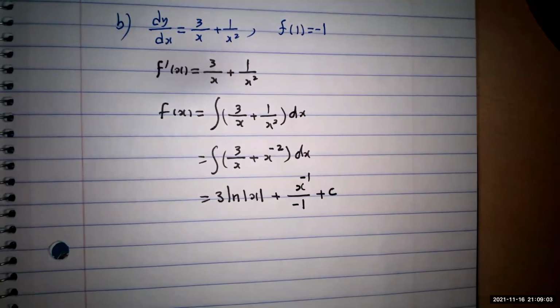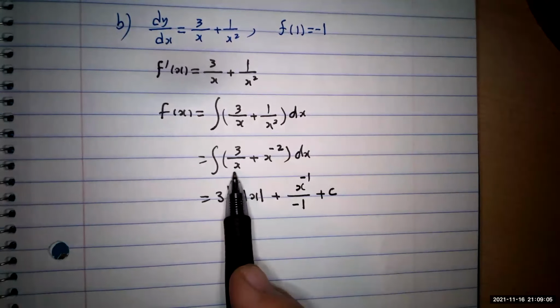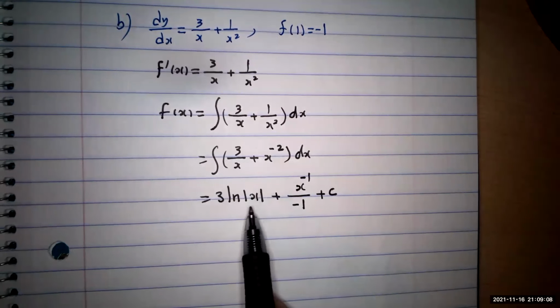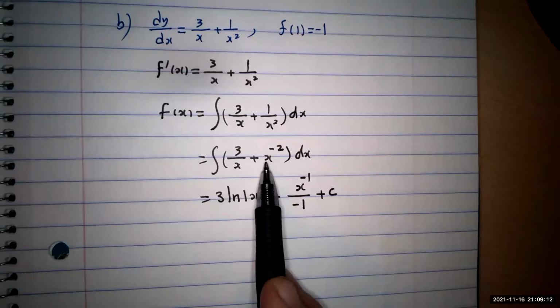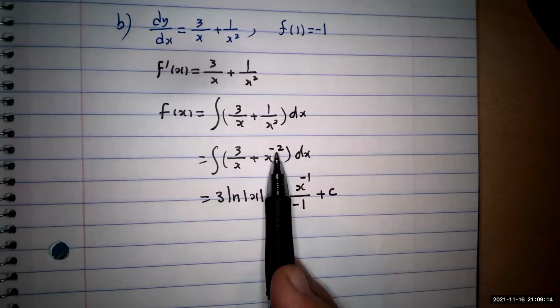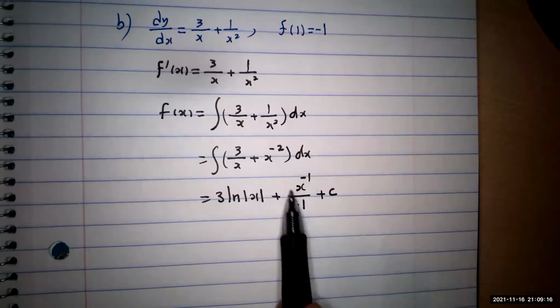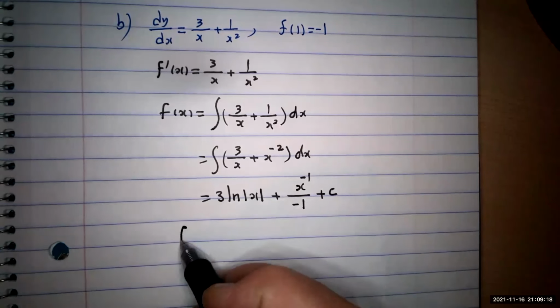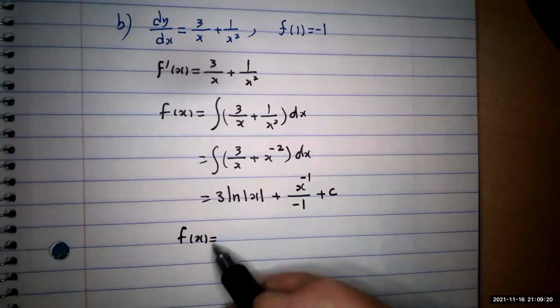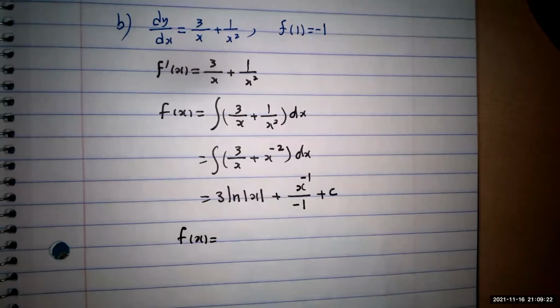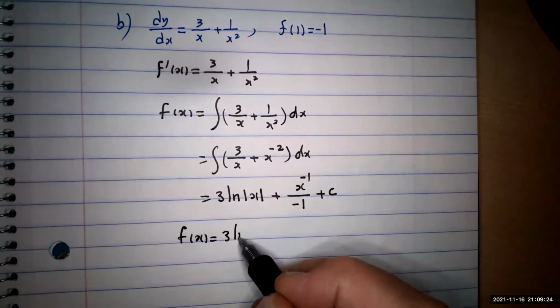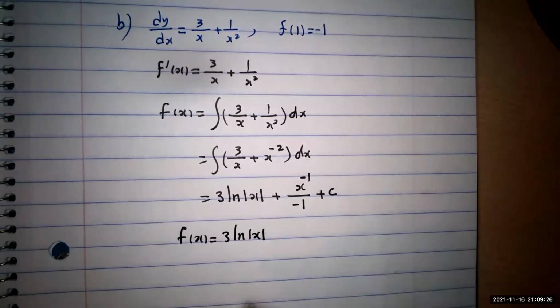Okay, so we carefully integrate it. Since we get the x over here, 1 over x would give us the ln of the absolute value of x. And the x to the negative 2, that gives you a negative 1 over. So change these, okay? So it's going to be f of x equal to 3 ln of the absolute value of x.